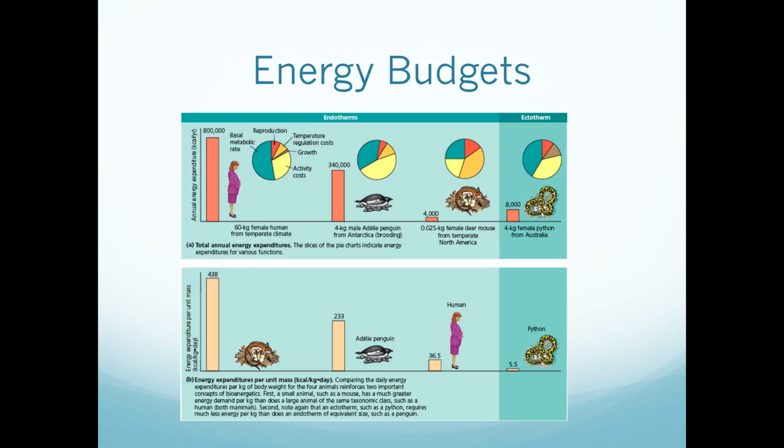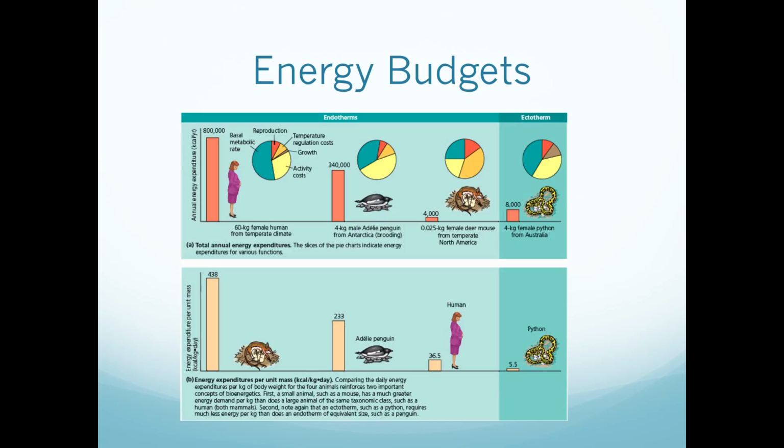But for the ectotherm, you have a specific amount of energy going towards growth, because those organisms are being grown outside of the body in an egg. If you compare that to, let's say, a human, a lot of that growth is the female devoting that to her baby.